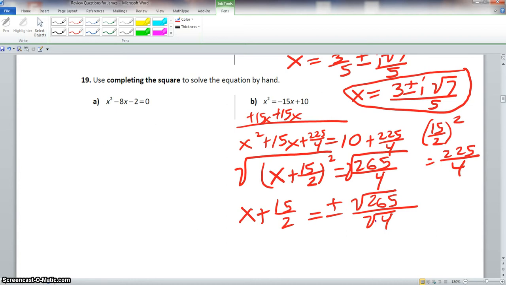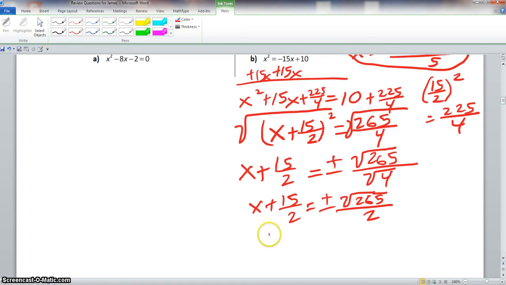Now, with the square root of 265, we need to figure out if there's any perfect square in 265. It is not. But there is a perfect square with the square root of 4, which we know is 2. So we have x plus 15 over 2 is equal to plus or minus the square root of 265 all over 2. Now we will subtract 15 over 2 on both sides.